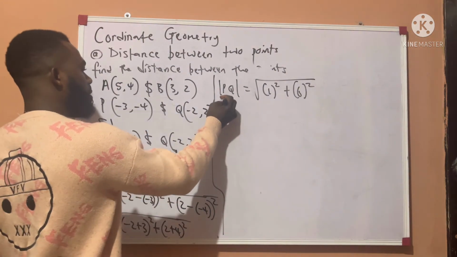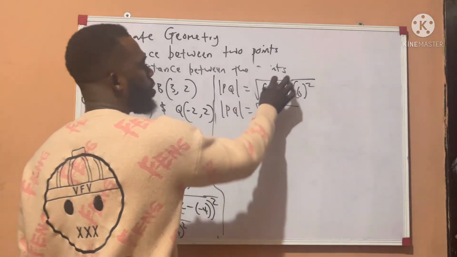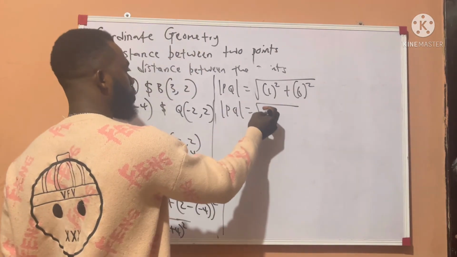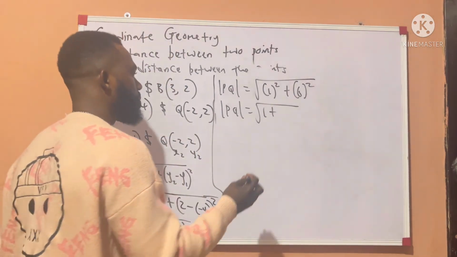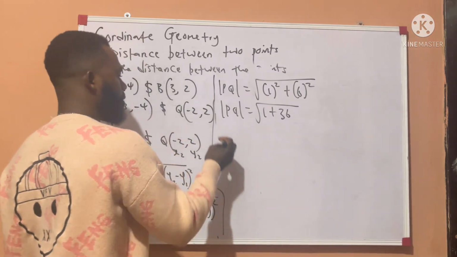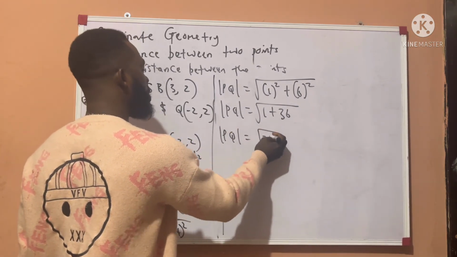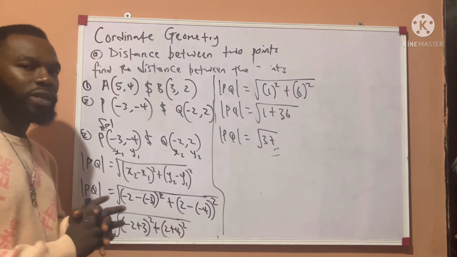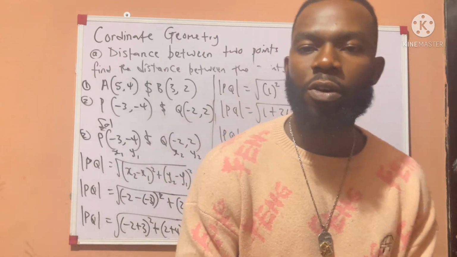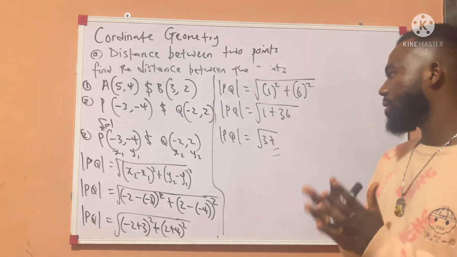Now 1 raised to the power of 2 means 1 times 1, which is 1, plus 6 raised to the power of 2 means 6 times 6, which is 36. Therefore, the distance between P and Q is the square root of 37. Now, 37 cannot be further simplified, so we are going to make our answer in this form, root 37.